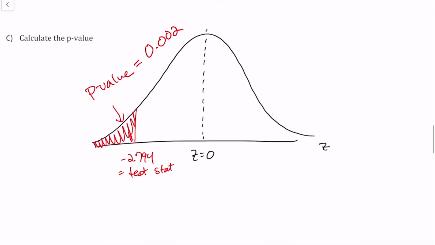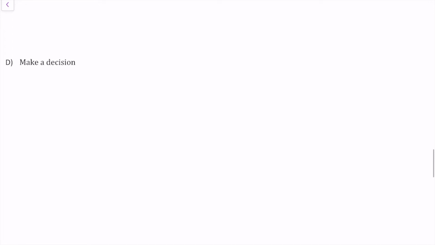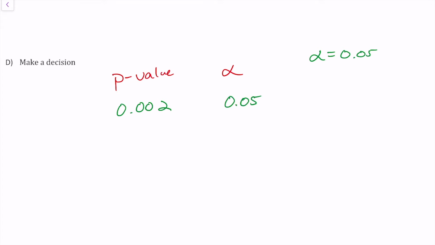All right. So now we need to make a decision. And this is how you make a decision. You compare your p-value to your alpha, your level of significance. They told us earlier in the problem that alpha was 0.05. They gave us that value already. So we're going to take 0.002 and compare it to alpha, 0.05.